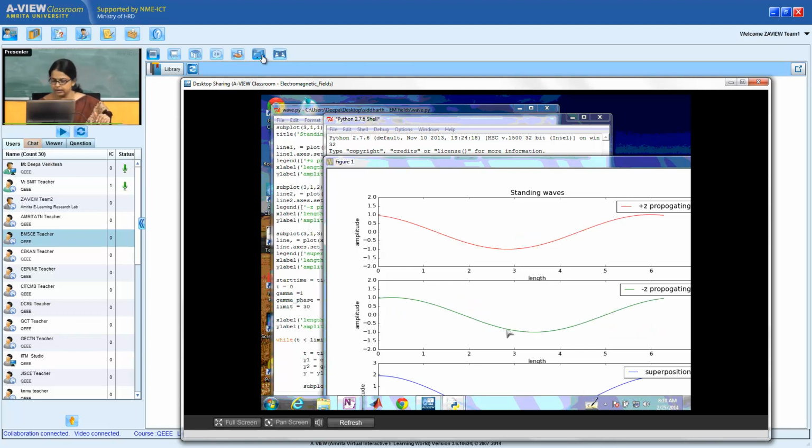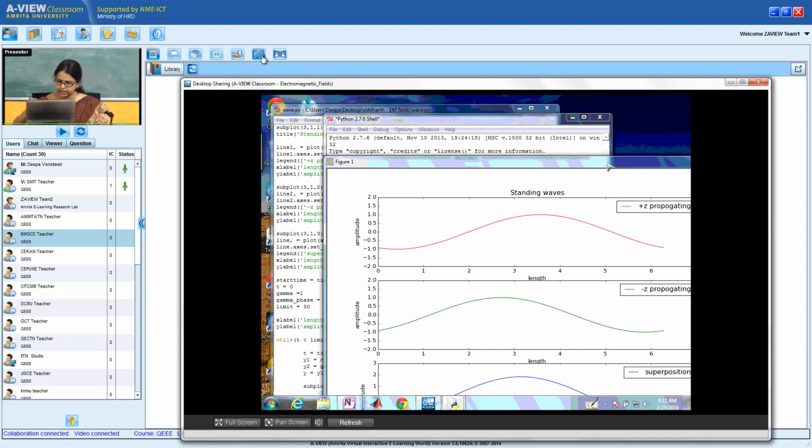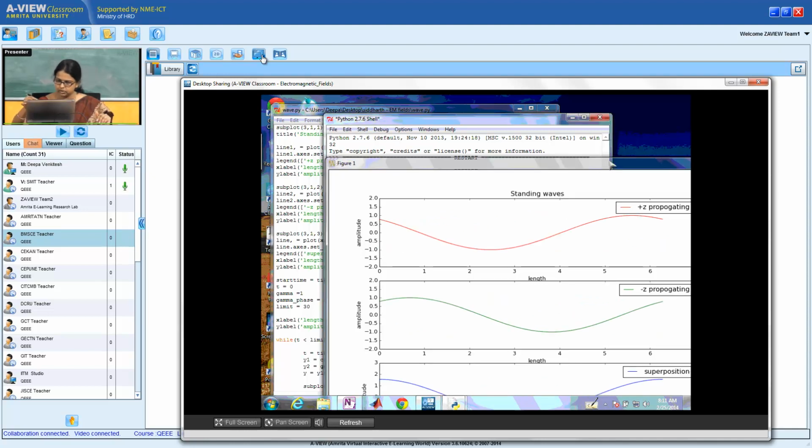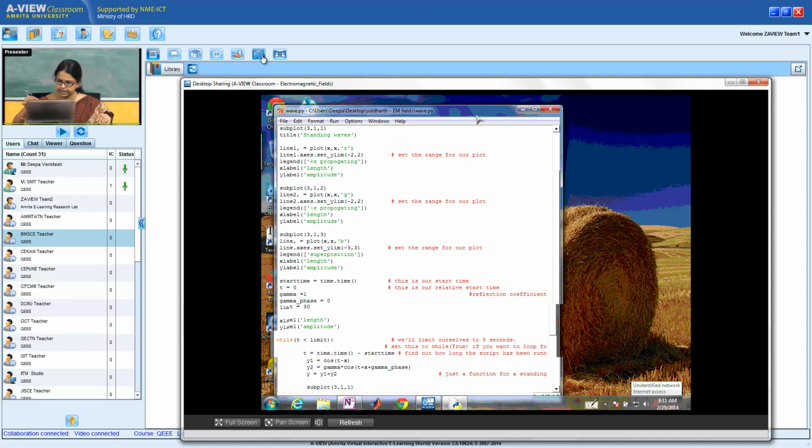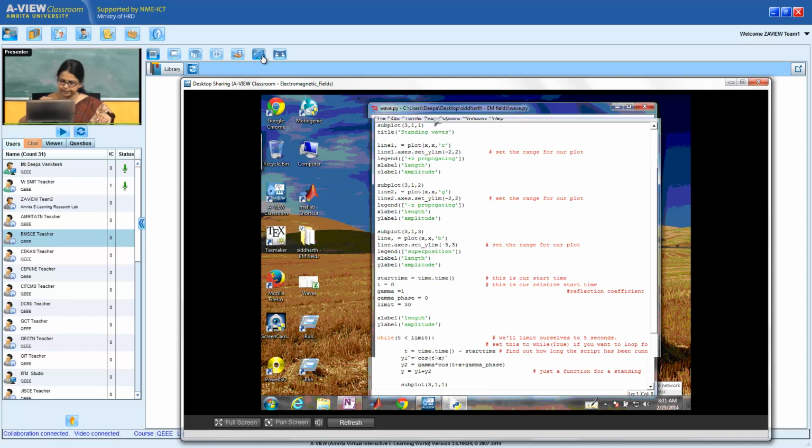Now at the bottom, blue, which is probably not clear, but for some strange reason if I move this window the program stops running, so let me try running this again. What I have done is I have just written down the superposition of the two waves.